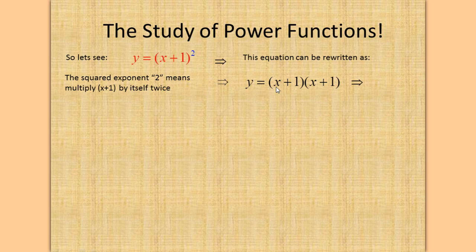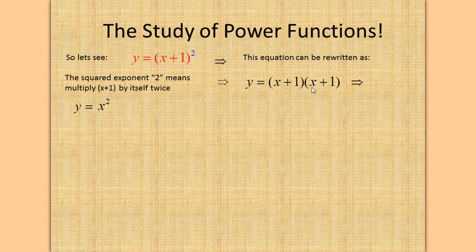So we have y equals the quantity x plus 1, times the quantity x plus 1. Okay. So let's see how we would do that. And we would use what we call a FOIL method that you learned in algebra. Okay. I didn't learn the FOIL method because I learned algebra 40 years ago. But I'll show you what the FOIL method is.